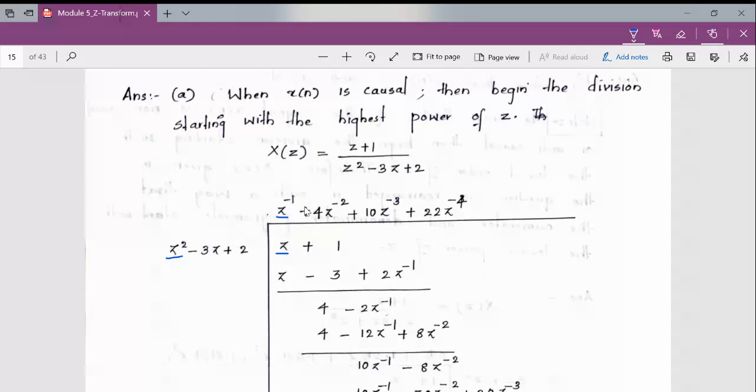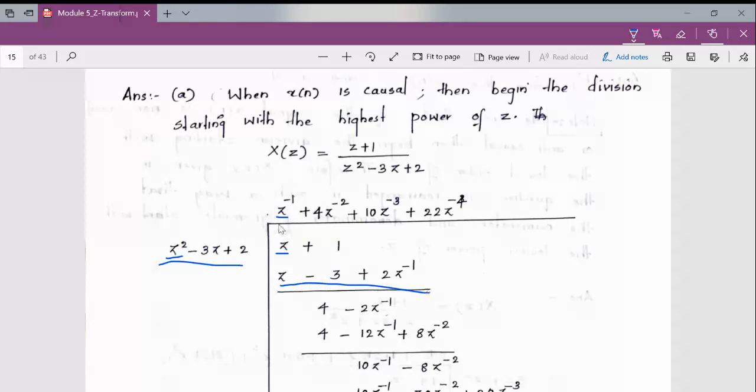In the multiplication step, we have to multiply this z raised to minus 1 by all three terms. We multiply the entire polynomial on the left side by z raised to minus 1, and write it here.